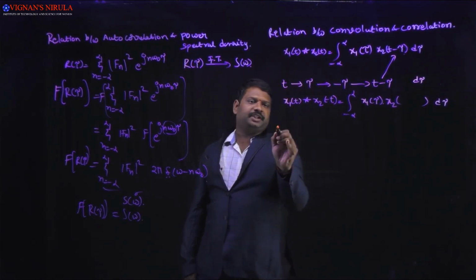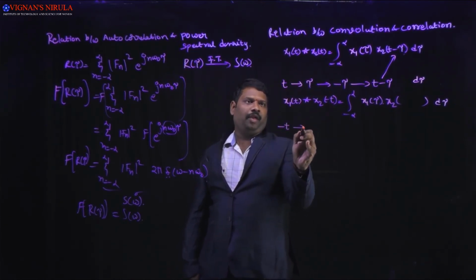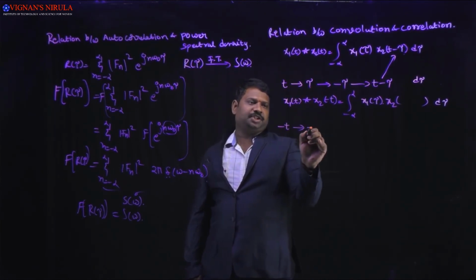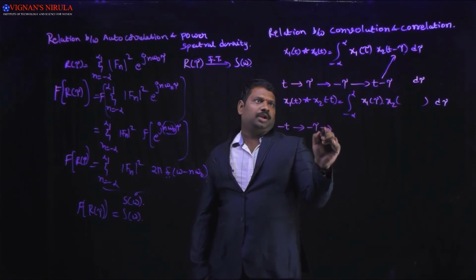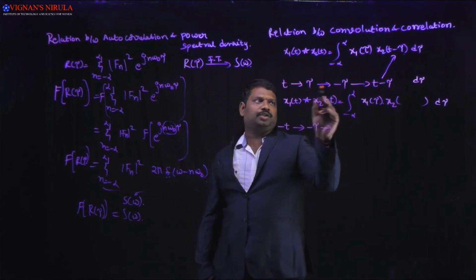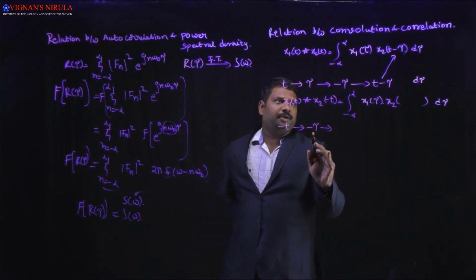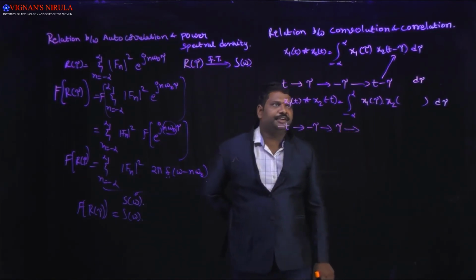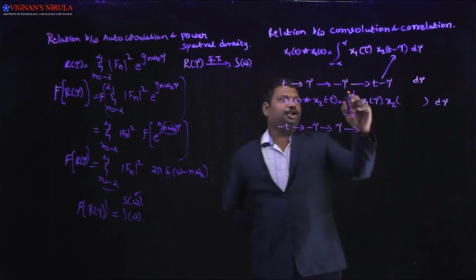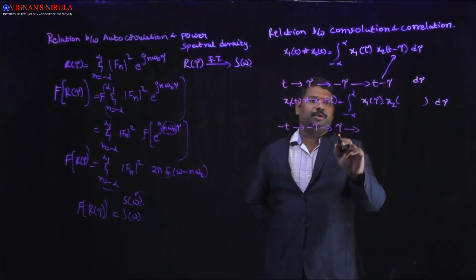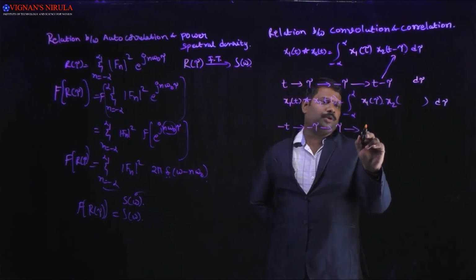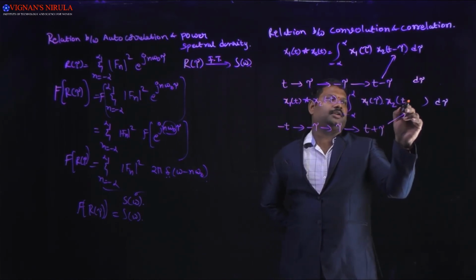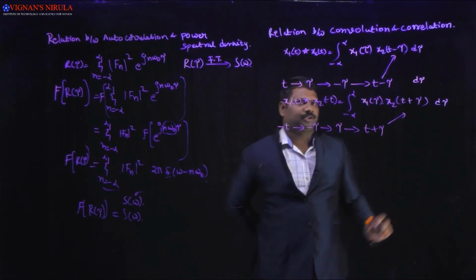Here minus t, that's why we take the minus t. This t will be changed to tau, therefore the minus t will be changed to minus tau. Later the time reversal operation, tau will be changed to minus tau, and the minus tau will be changed to tau. Later it will be changed by adding the t units to the minus tau. Therefore here also add the t units to the tau. Therefore it will be t plus tau. That will be presented here. Therefore we get t plus tau.